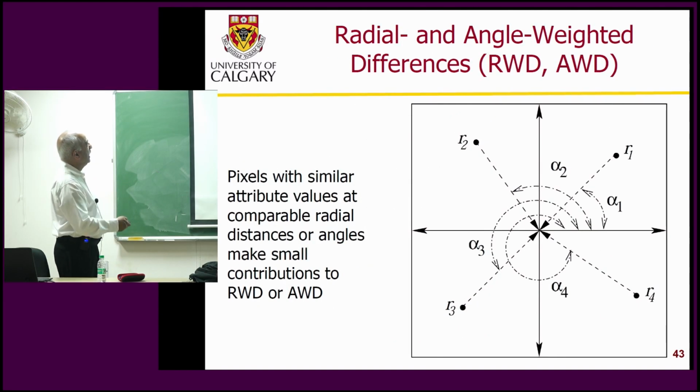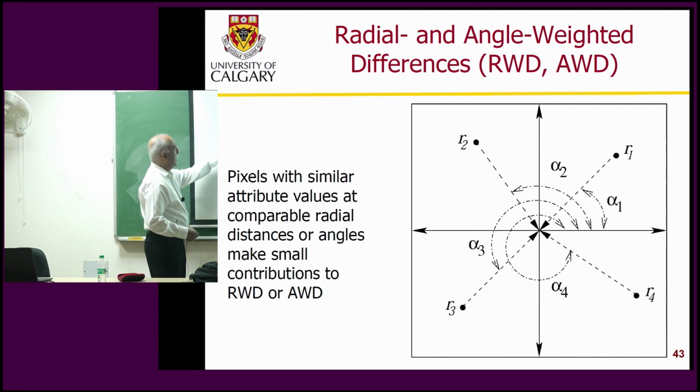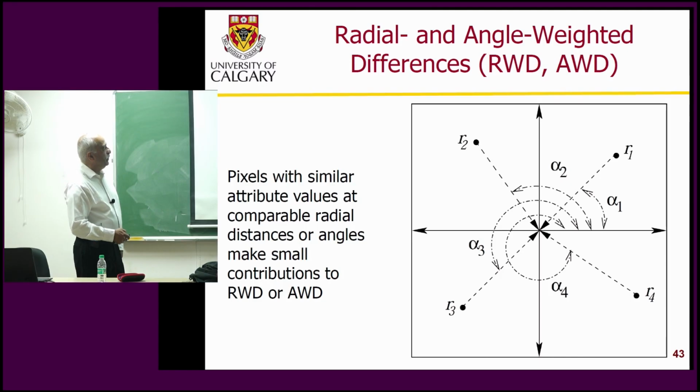And like that we defined radial and angle weighted differences. So we defined alpha 1 to alpha 4 to go 0 to 360, and R1, all these points are with distance R. Pixels with similar attributes at comparable radial distances or angles make small contributions to RWD or AWD.